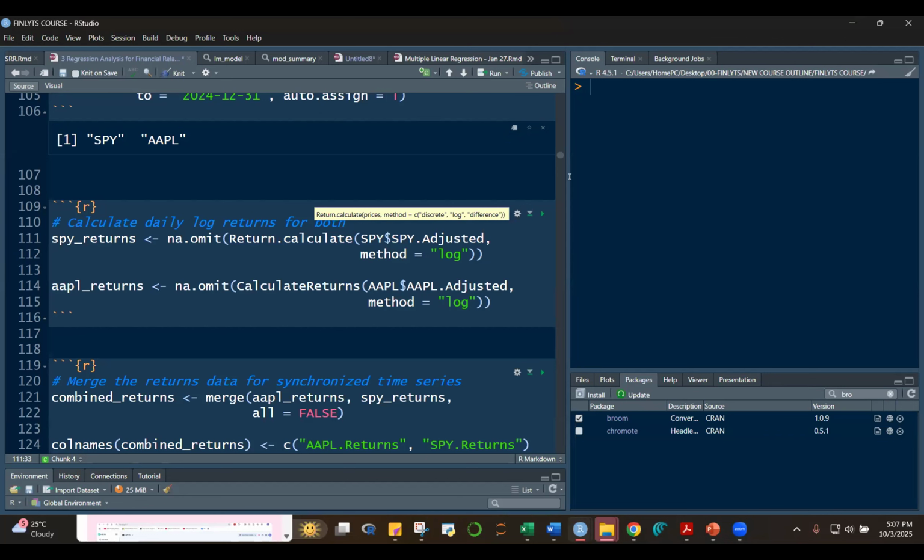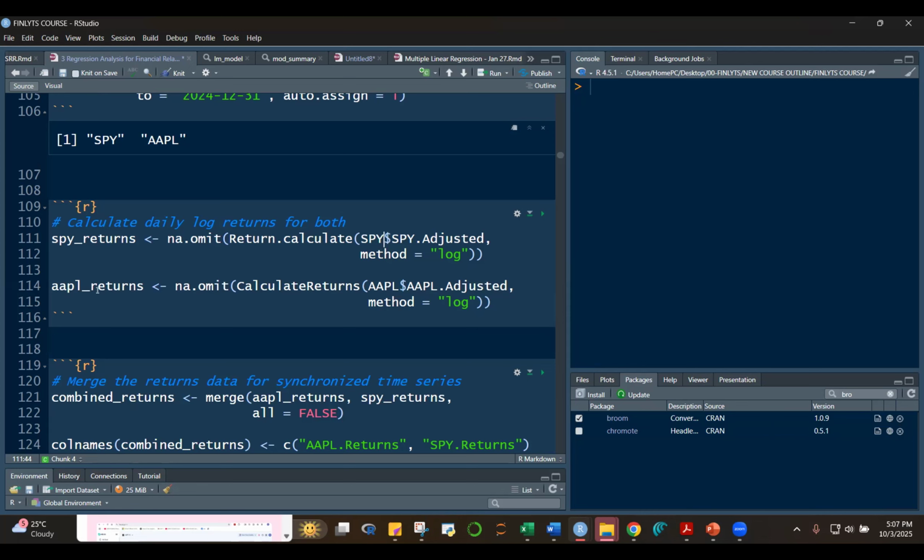NA siya kasi wala namang prior value yun. So we get the returns using SPY adjusted, from $SPY adjusted. Method is equal to log. So that's the type of return used, continuous returns. For PerformanceAnalytics, it's method, not type.